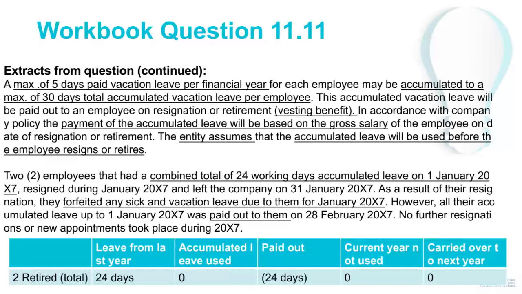So what does that mean? That means in any 1 year, you're allowed to transfer 5 days, but the total amount of leave that you've accumulated must never go above 30 days. That's what they're trying to say.